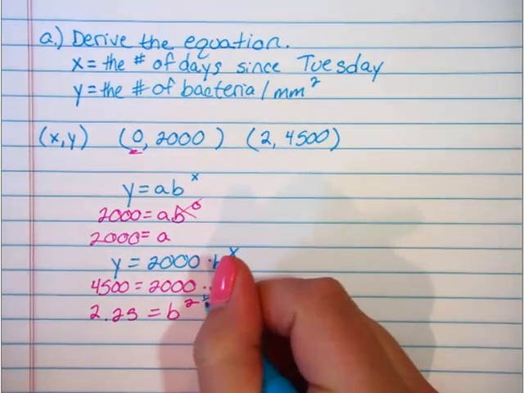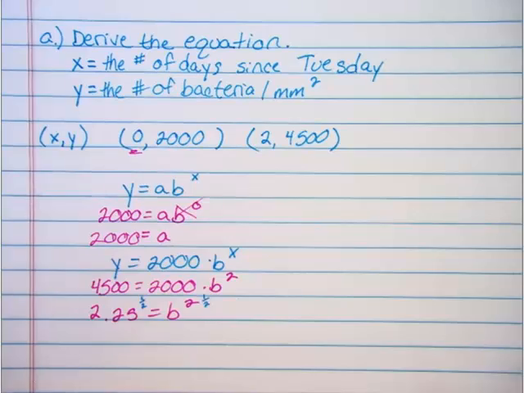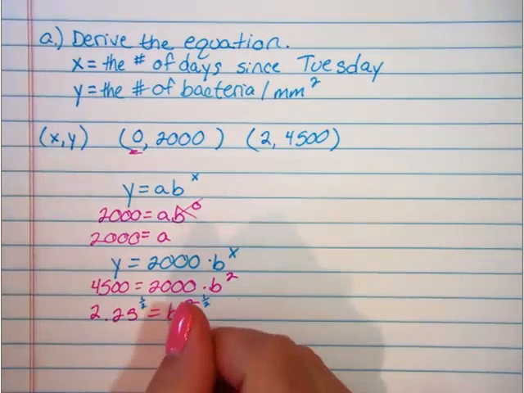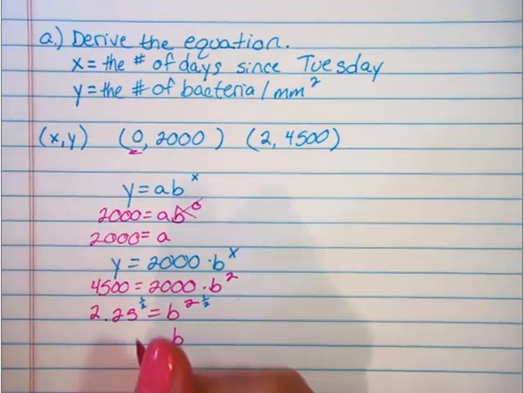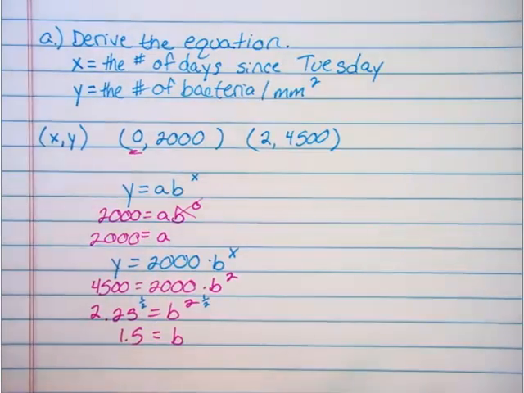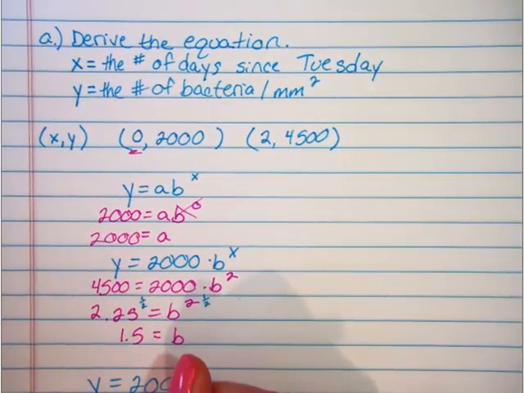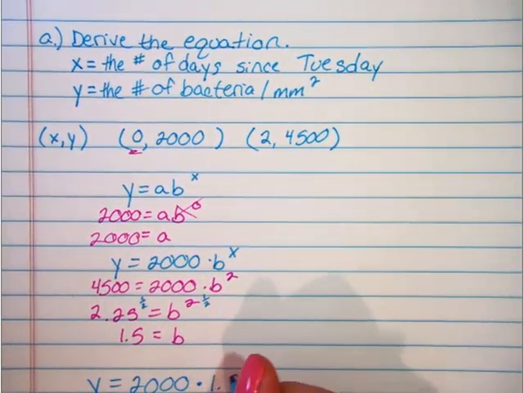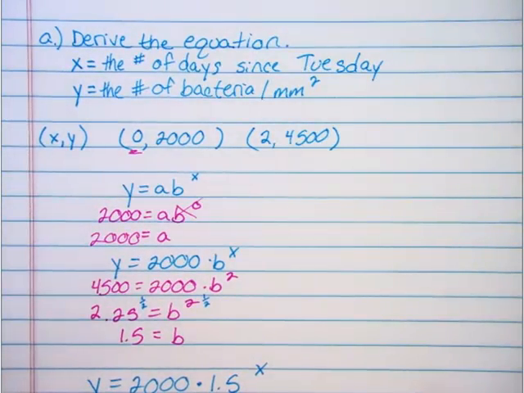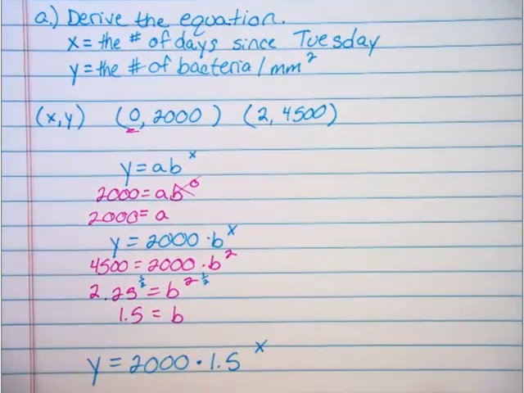Only way to get rid of an exponent is taking it to the reciprocal exponent, because I'm trying to solve for b. Therefore, I take the square root of 2.25, and I get 1.5. 1.5 is my b value. So therefore, my equation is y equals 2,000 times 1.5 to the x. That's the equation we're going to be using for this story. Again, I cannot multiply the 2,000 and the 1.5 because one has an exponent, the other one does not.